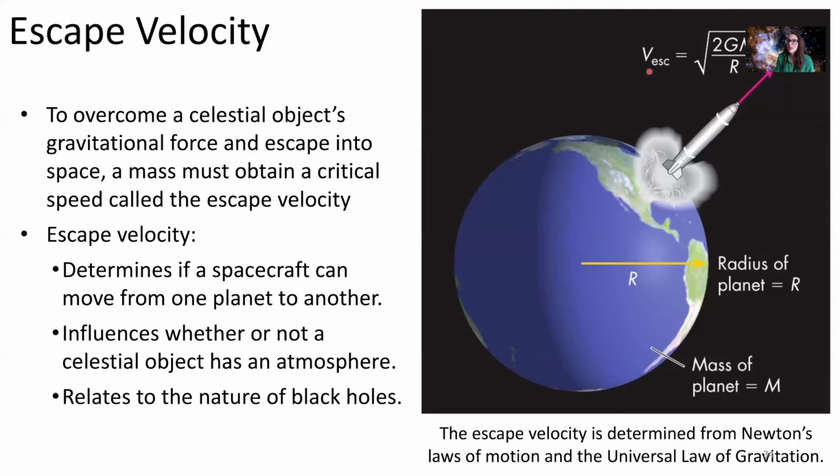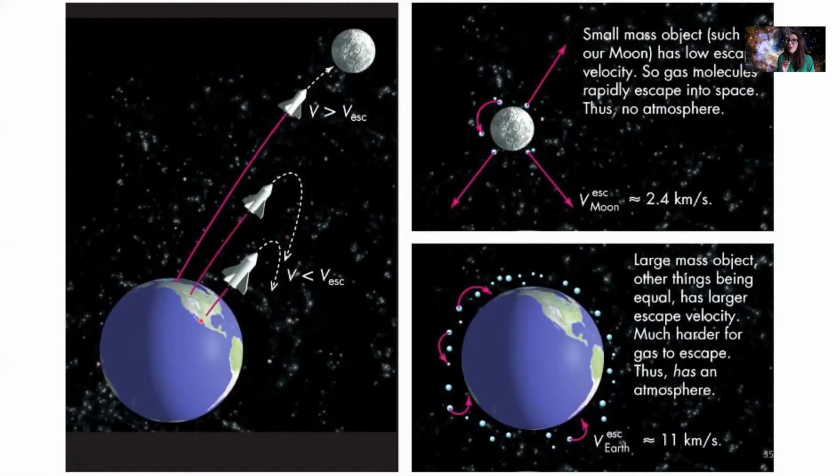But the escape velocity from a celestial body is equal to the square root of 2 times the gravitational constant times the mass of that celestial body divided by its radius. So it's equal to the square root of 2GM divided by R. If we do the calculations for Earth, the escape velocity for Earth is 11 kilometers per second.